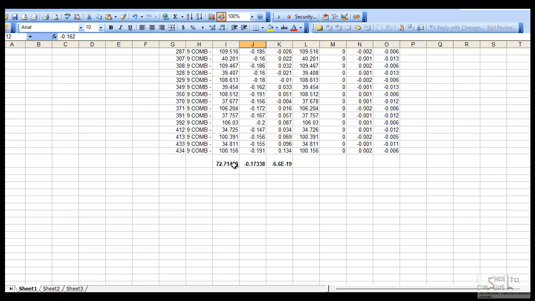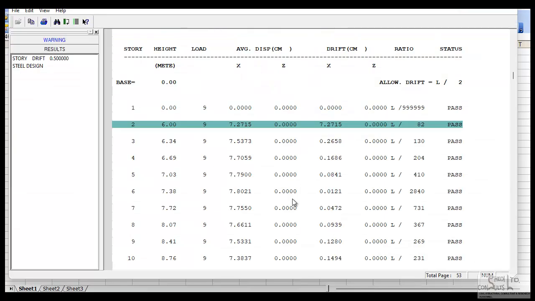But let me start with the X deflection. This is the average deflection of all the nodes in the X direction, 72.71. So let's go back to what is reported. Can you see? So the average displacement is 72.715 millimeters. What drift evaluates as the drift is the relative displacement of this relative to the subsequent or the previous nodes.